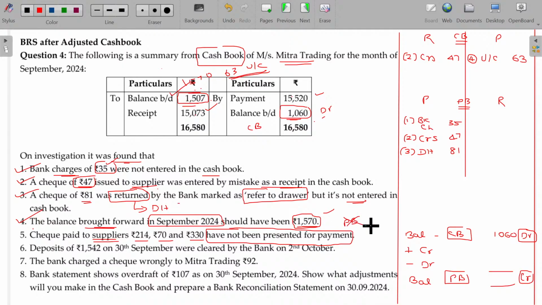The passbook doesn't show this. So all the three are recorded only in which book? Cash book. That too where? In the payment side. Fifth transaction, add up all these things. We issued around 3 cheques, 214, 70, 330. You need not show them separately; you can combine all these. 614 shown in the payment side, but not shown in the passbook.